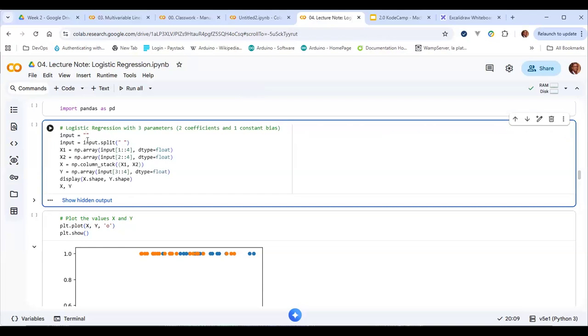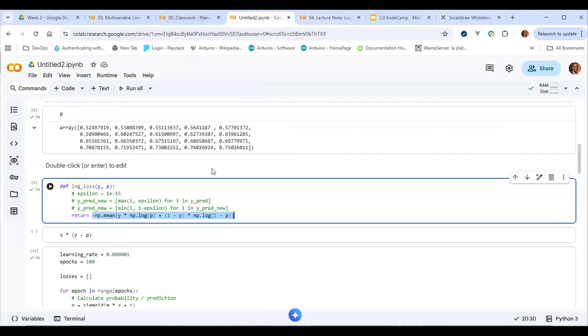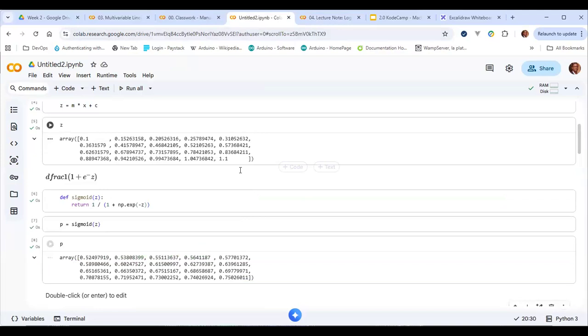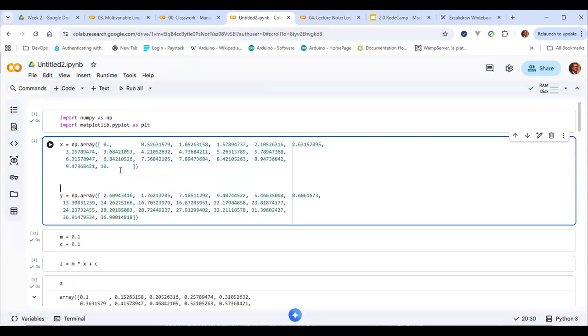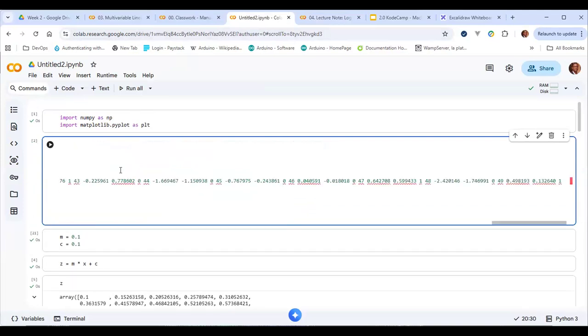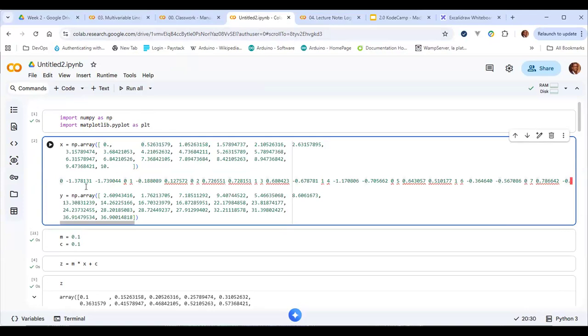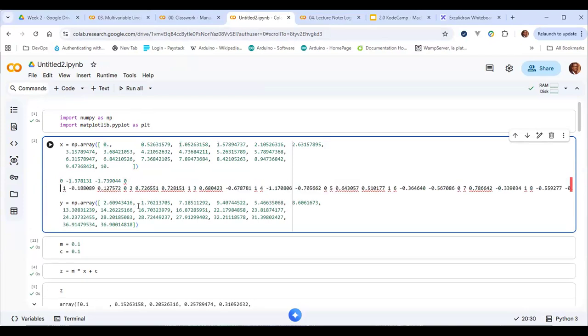If I were to take this and plug it back here, you now have a combination of x and y values in a tabular format. Let me show you how this looks.